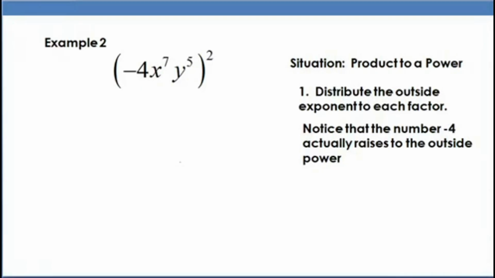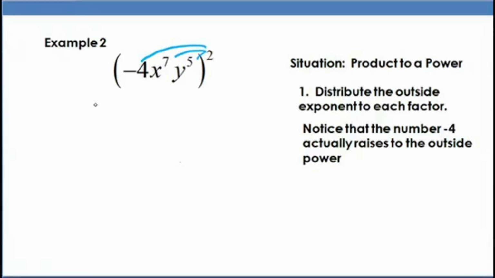So we're going to take the outside exponent down and distribute it to each piece. So we will have -4 to the 2nd power. We will need to use parentheses because the negative is on the inside of the parentheses originally.